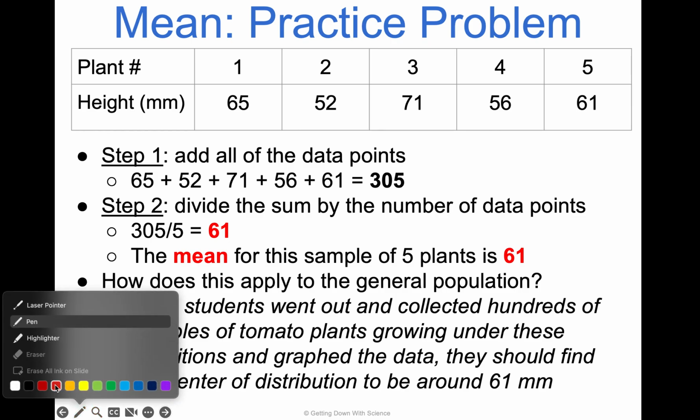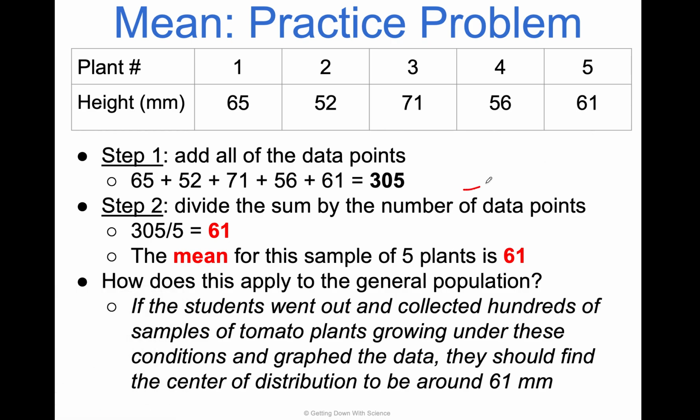If we look at our graph and plot out all of our data, right there in the middle would be 61. Get it? Got it? Good. Pause here to take notes.